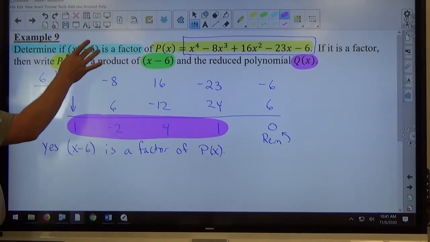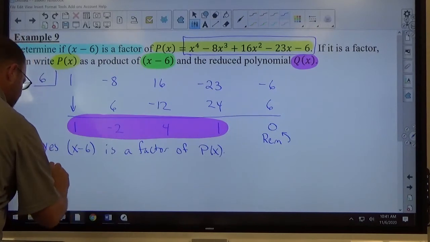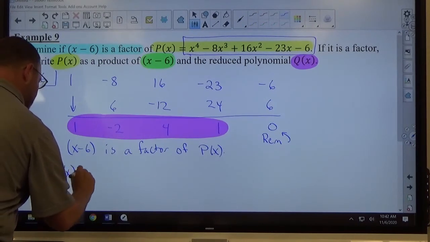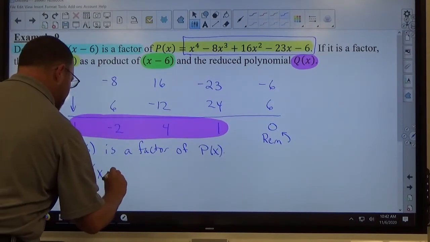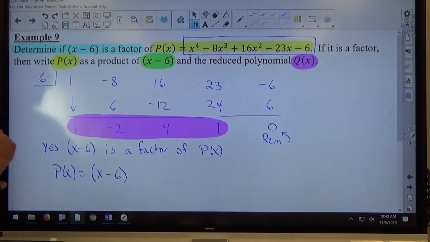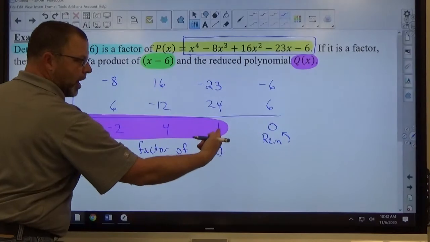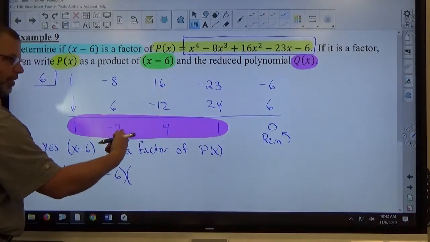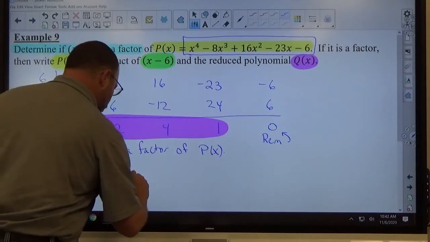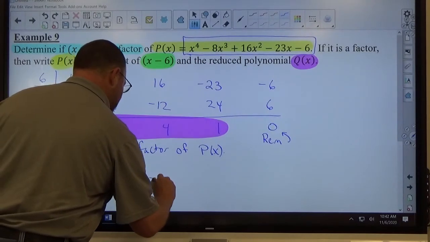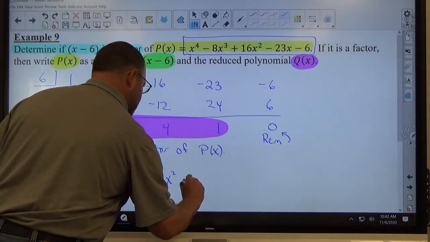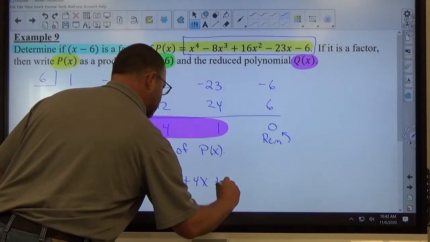We divided by x minus 6. So our p of x is simply going to be what we divided by times whatever we got as an answer, which again, with remainder 0, this is constant, x to the first, x to the second, x to the third. So 1x to the third minus 2x to the second plus 4x plus 1.